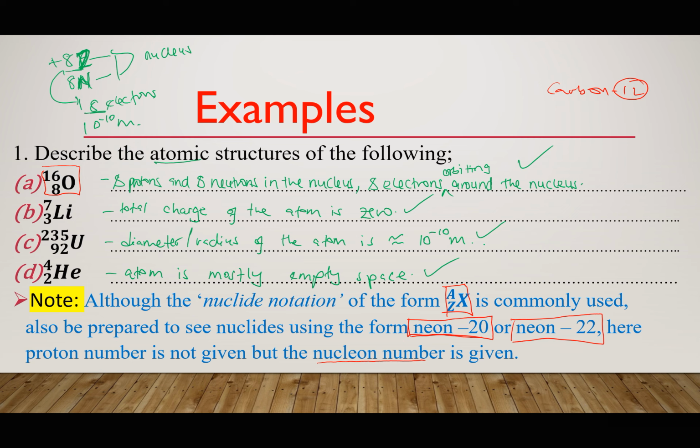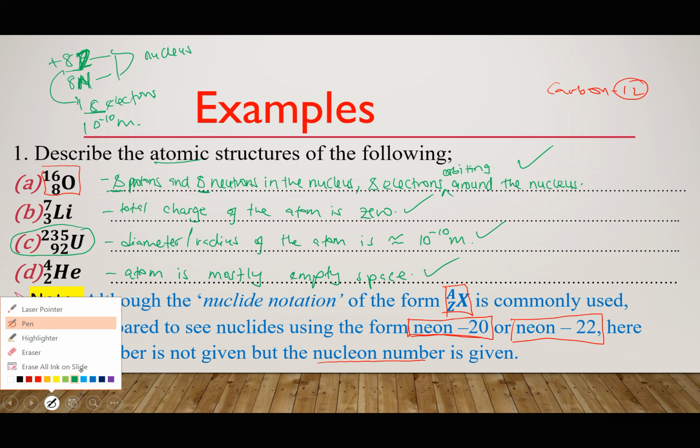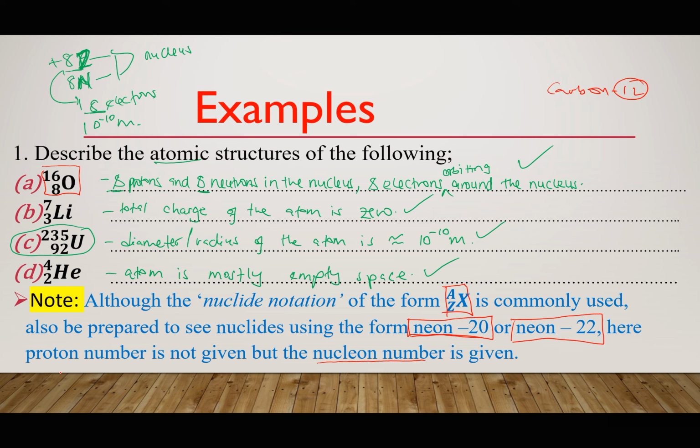I'll try the same thing with uranium. The only thing which is going to change is the first one; the rest are going to be the same. If I'm describing uranium, I will only change the number of protons, neutrons and electrons.